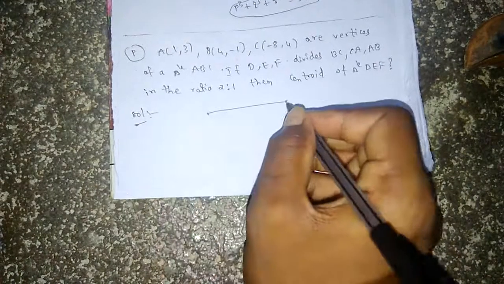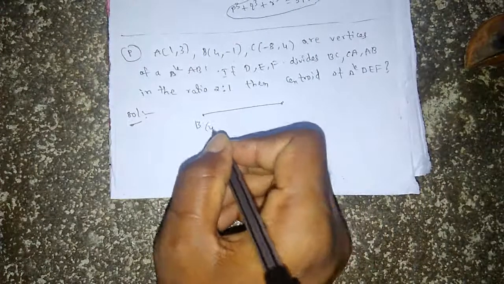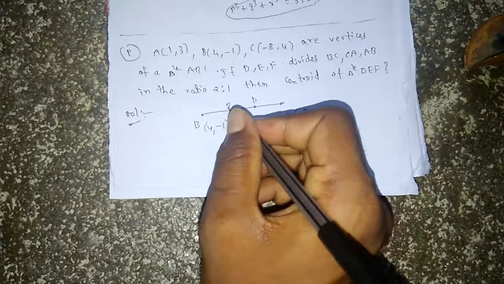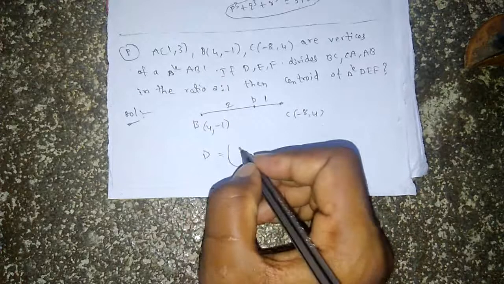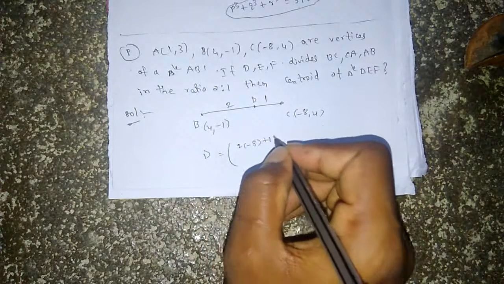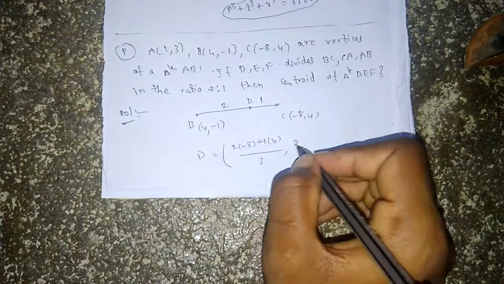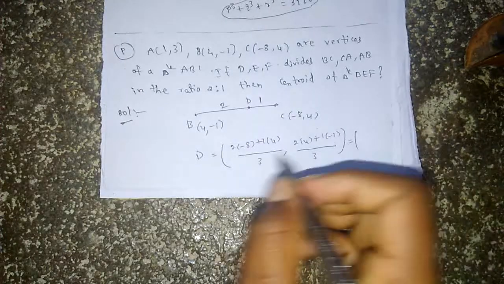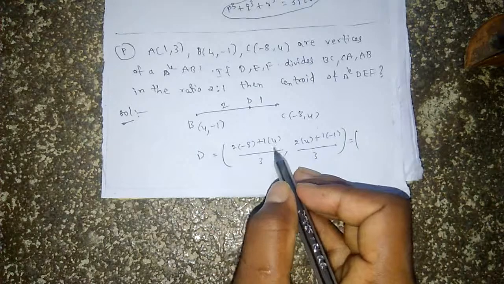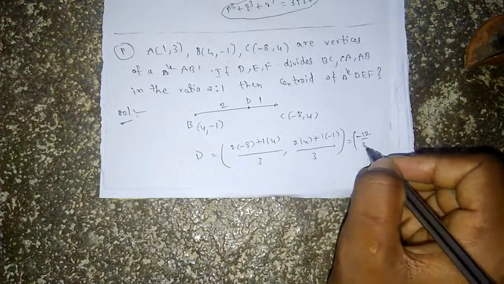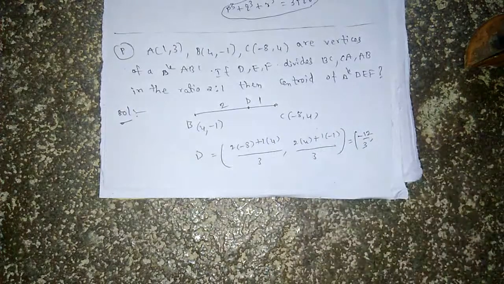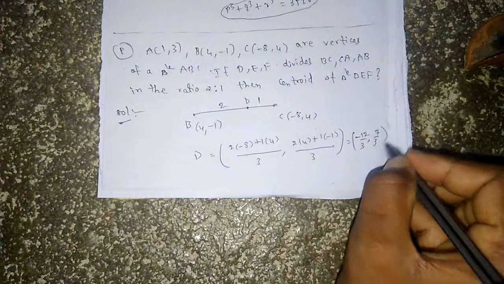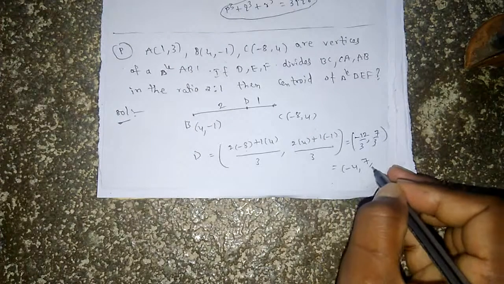First let us find D. D divides BC in the ratio 2:1, with B (4, -1) and C (-8, 4). Therefore the coordinates of D are ((2 × -8 + 1 × 4)/3, (2 × 4 + 1 × -1)/3), that is ((-16 + 4)/3, (8 - 1)/3) = (-12/3, 7/3), that is (-4, 7/3).